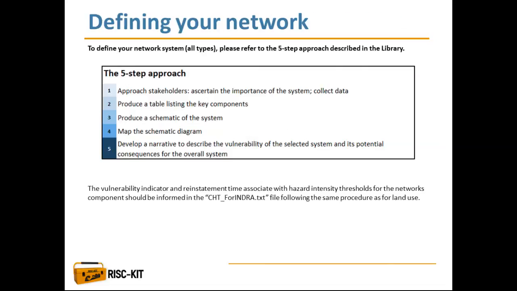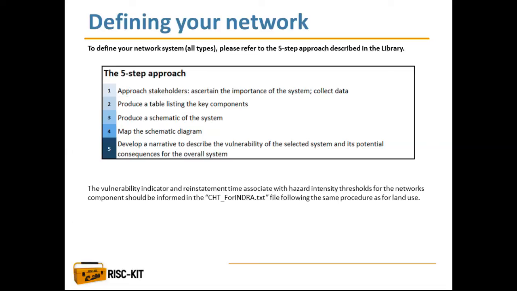For any type of network you will have to analyze in INDRA, you have to define your network using a 5-step approach described in the Coastal Vulnerability Library. The 5-step approach consists in first approaching stakeholders, trying to understand the importance of the system and collecting data.